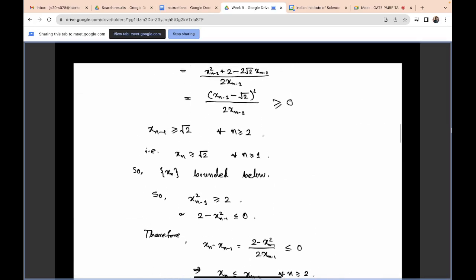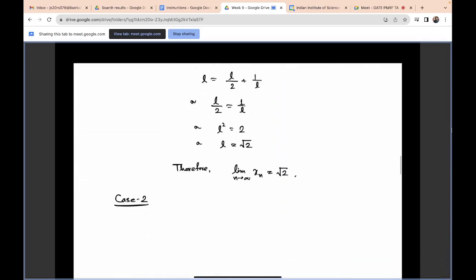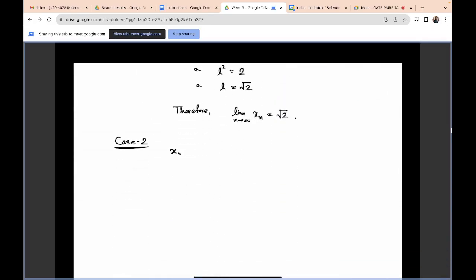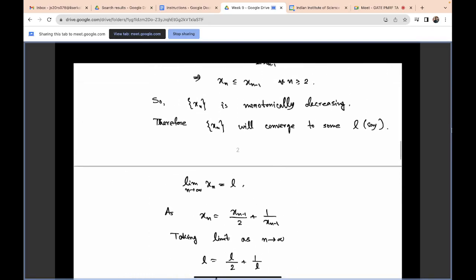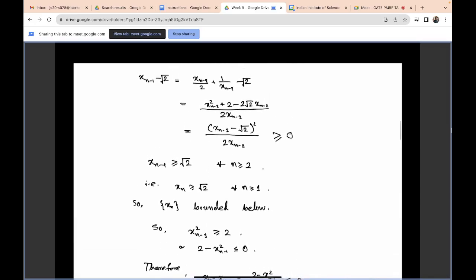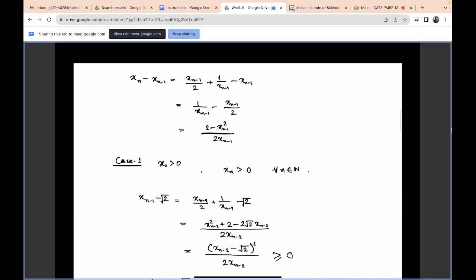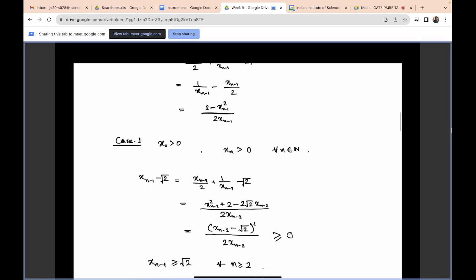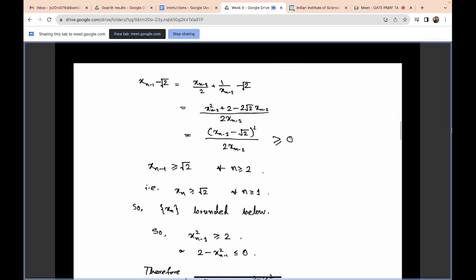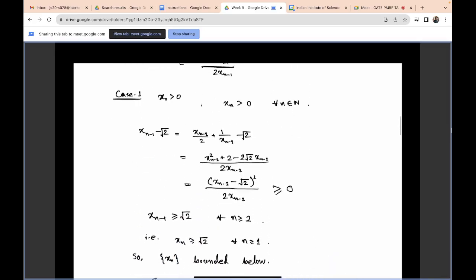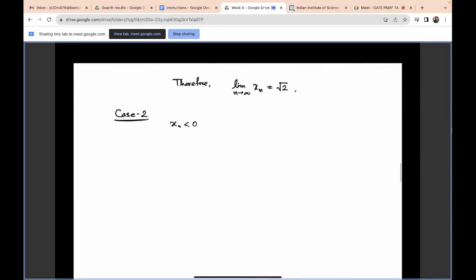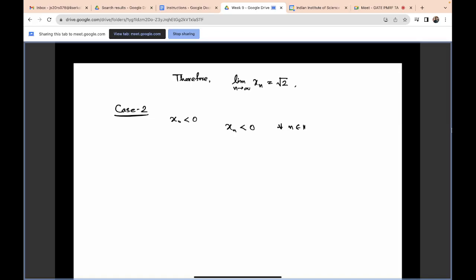When x0 is negative, what will happen? First note that if x0 is negative, then xn, by the definition, is less than 0 for all n belonging to natural numbers.